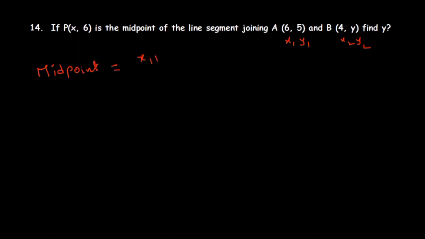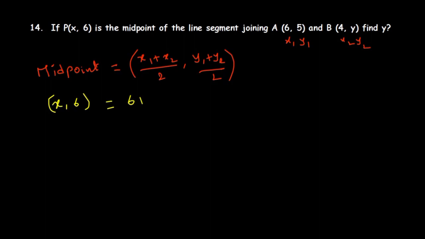This is (x1 plus x2)/2 and (y1 plus y2)/2. So here we have (x, 6) equal to ((6 plus 4)/2, (5 plus y)/2).